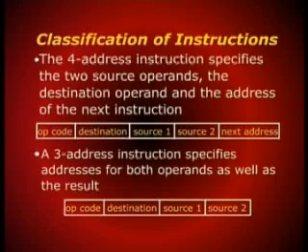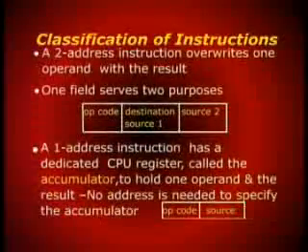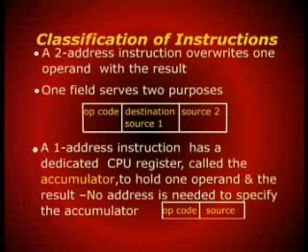We could further simplify this 3-address instruction to a 2-address instruction by having a situation where one of the operands already resides in the destination. So therefore, we have a common address specifying the destination address and one of the two operands.